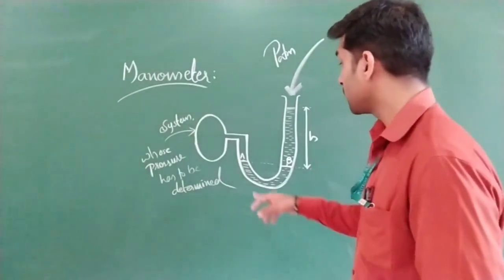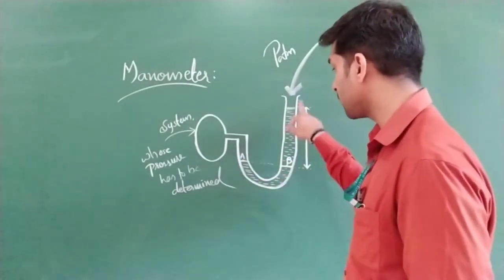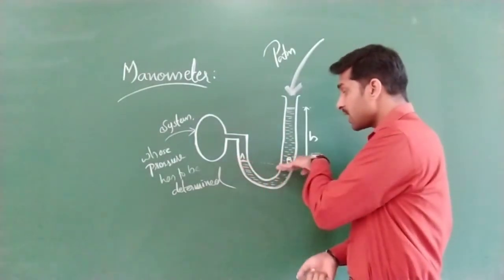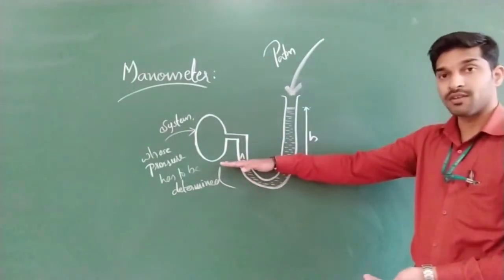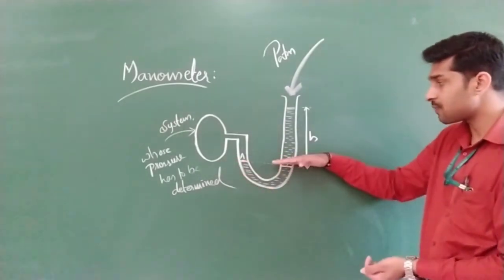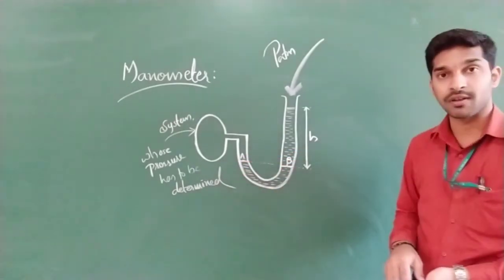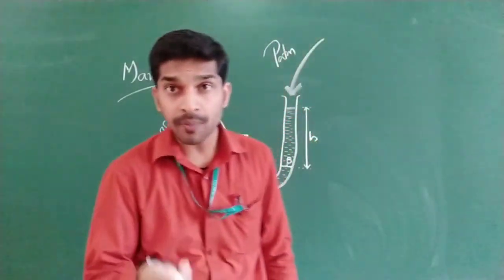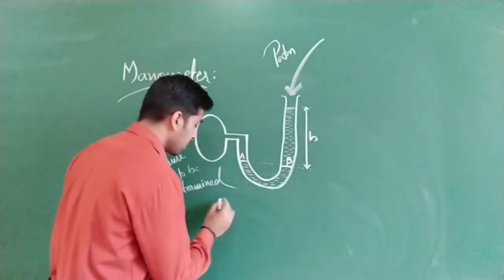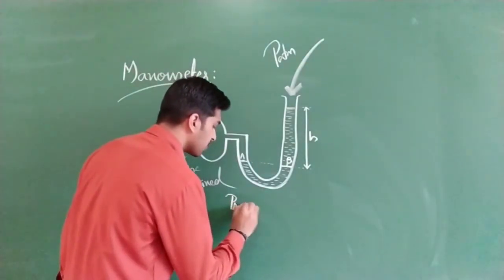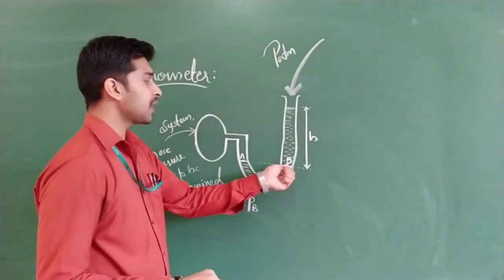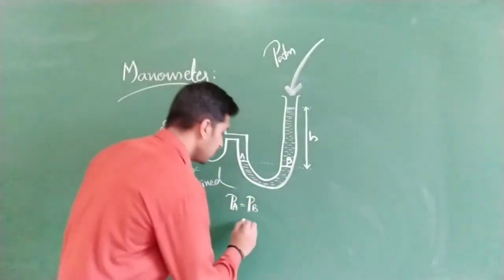Here, this is a U-shaped tube. Point A and point B are at the same horizontal level. So pressure at point A should be equal to pressure at point B. Now, what will be the pressure at point B?